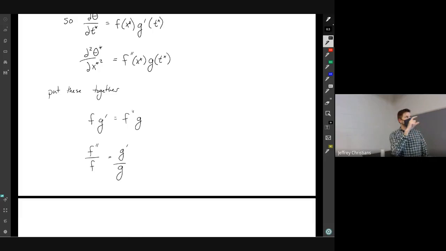That ratio f double prime over f has to be a constant, just like an ordinary number, and the ratio g prime over g, right? f depends on position, g depends on time. So the ratio on each side has to equal an ordinary constant, and it has to be the same constant because they're equal to each other. So the t and x both have to cancel out perfectly, and we're left with a constant.